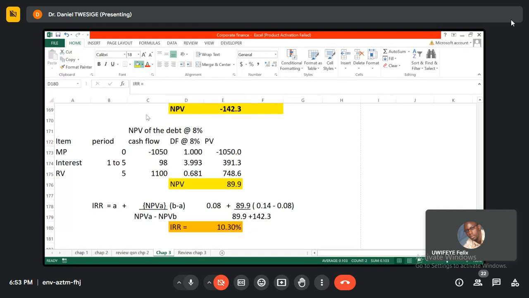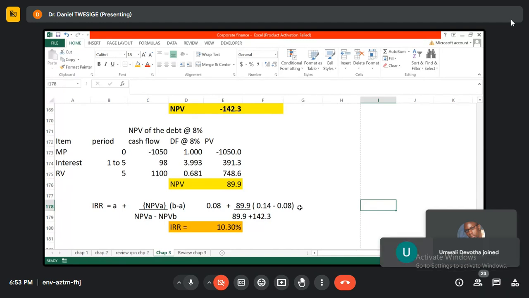I don't know if you have a question on how to compute the cost of the debt, which is redeemable. Any question, comrades? Yeah, we can use the tables to get the value. That one is okay.